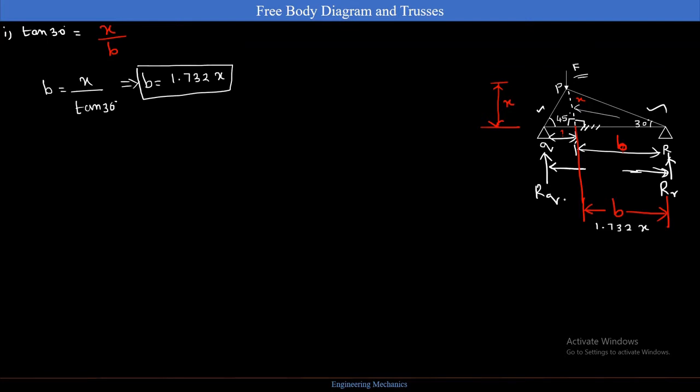And I need to find this one, which I am naming a. Tan 45 equals opposite, that is x, divided by a. Tan 45 is 1, so x equals a. So this is my x value. Simple.